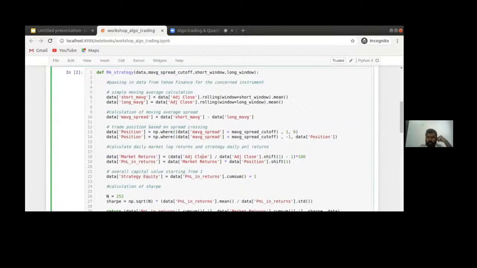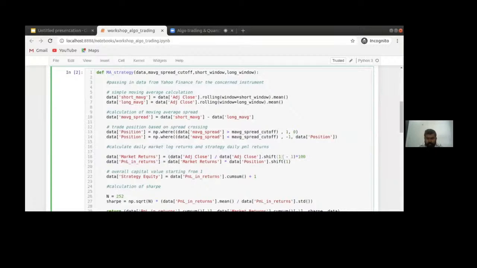This line basically calculates the daily returns. Let's say today I've invested and the stock price was $100, and tomorrow it is $110. Then the return will be 10%. So this is what I've calculated here.